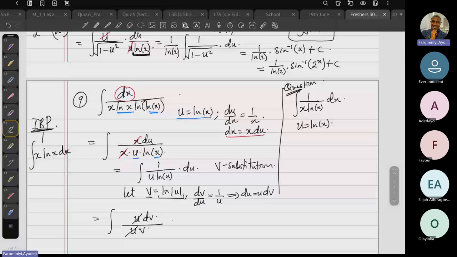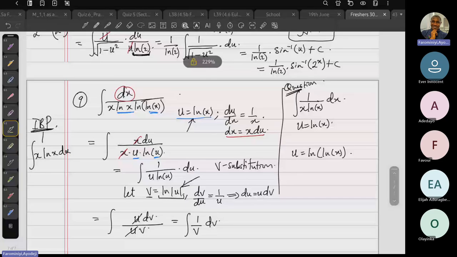To avoid doing the u substitution twice, that was why I started with taking my u to be natural log of x. So I have combined this u substitution and this v substitution together. Ordinarily, you people had problems with taking the differentiation of natural log of natural log. Let me explain how to take the derivative of that.